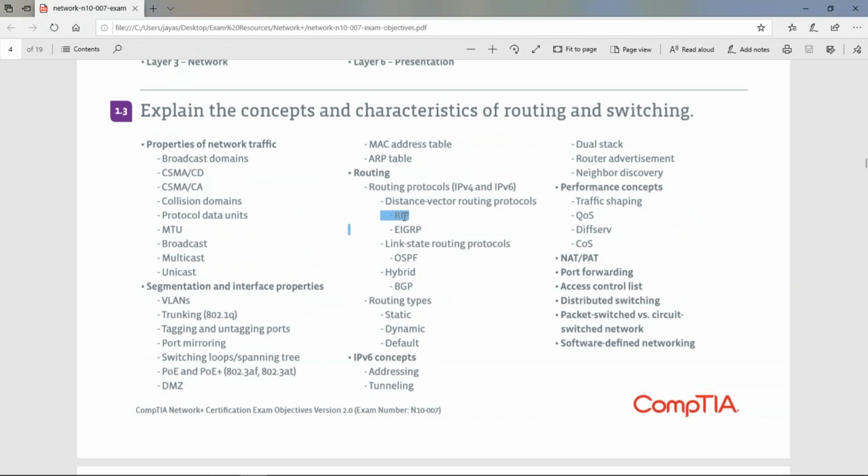This one's kind of phased out now, but this is the one that you use for a SOHO, a small office, home office. And then for a larger network, you would probably use OSPF or EIGRP. These scale a lot better, so they're better for larger networks. Understand that too: which one of these are you going to use for which type of network?